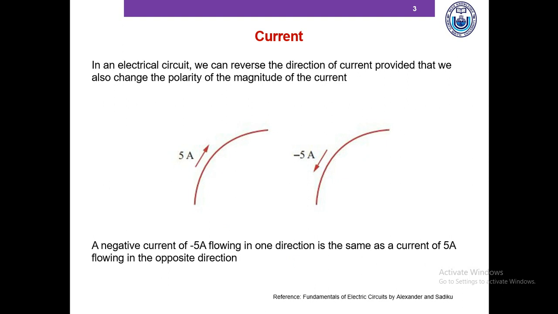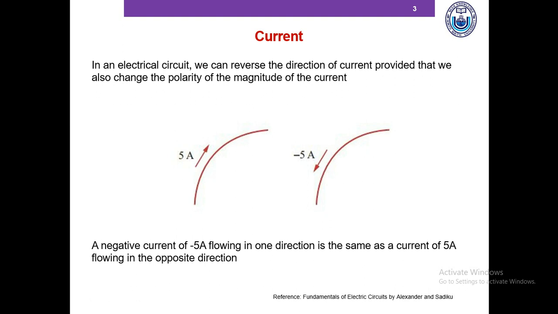In an electrical circuit, we can reverse the direction of current, provided that we also change the sign of the magnitude of the current. So in the example here, on the left figure, 5 ampere current is going from bottom to top. This is equivalent to saying that minus 5 ampere current is going from top to bottom in the same way.